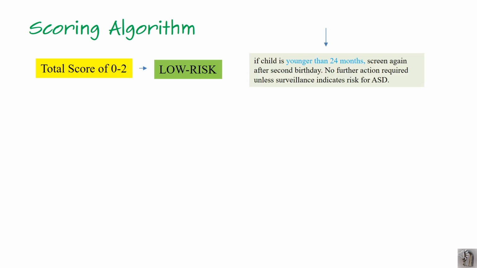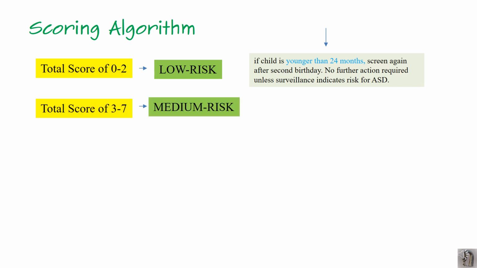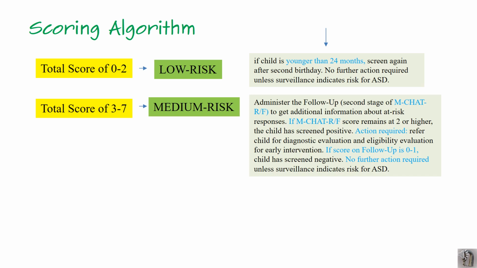If the child is younger than 24 months, screen again after the second birthday, and no further action is required unless observation suggests a risk of ASD. If the score is 3 to 7, it is medium risk. Then you need to administer the follow-up sessions, call the child and get more information.